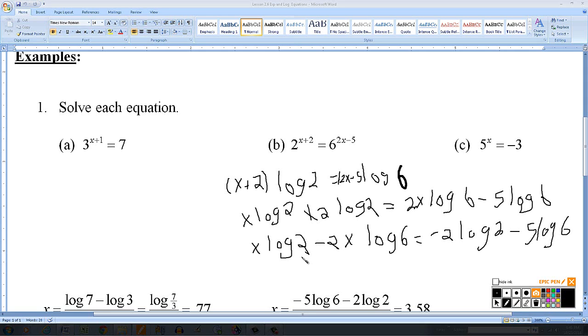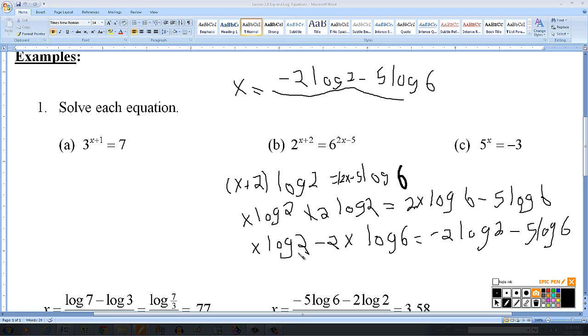So what I'll wind up with is this: x will equal minus 2 log of 2 minus 5 log of 6. And then that's going to be divided by, in fact, I took out the x, so in the parentheses this left me with the log of 2 minus 2 log of 6.